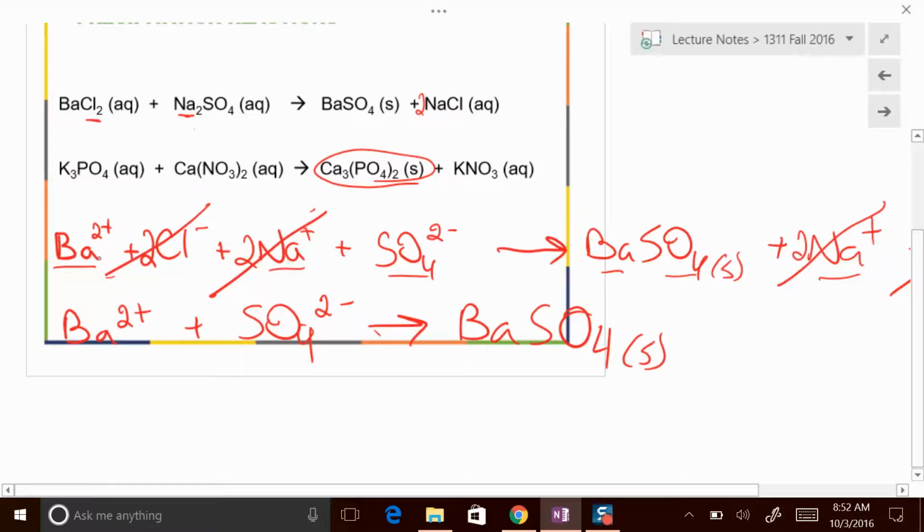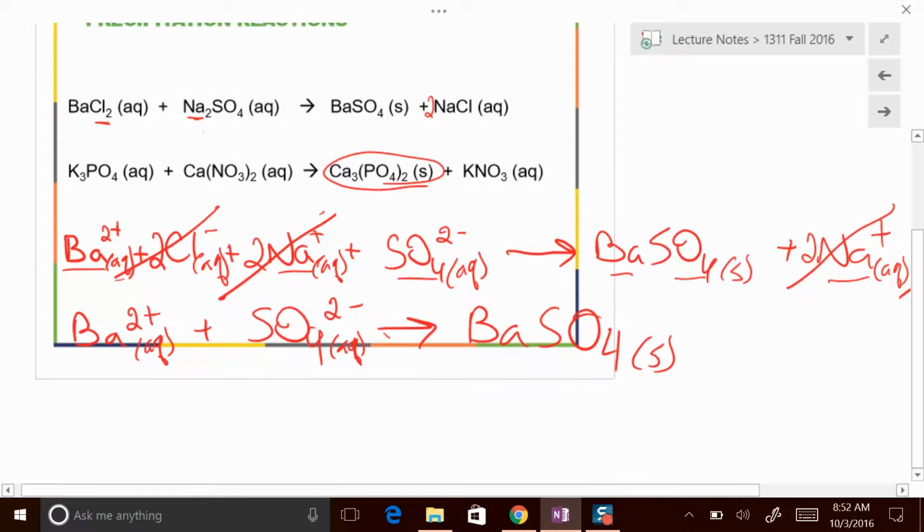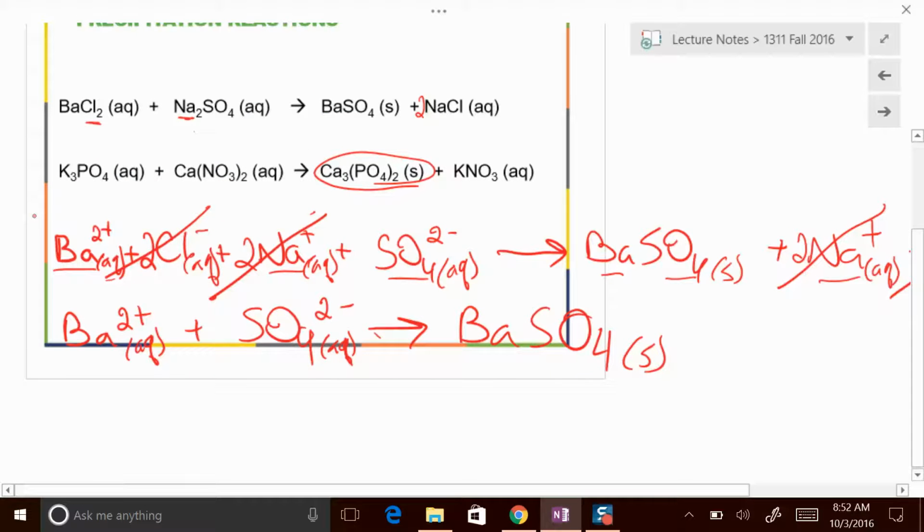And if I'm going to be really picky, I would say that these are aqueous, barium 2 plus. This is aqueous. Well, these would all be aqueous. Okay. And that would be my ionic equation and my net ionic equation. Okay, now try it. Go ahead, you guys try it for the next one. Make sure it's balanced.